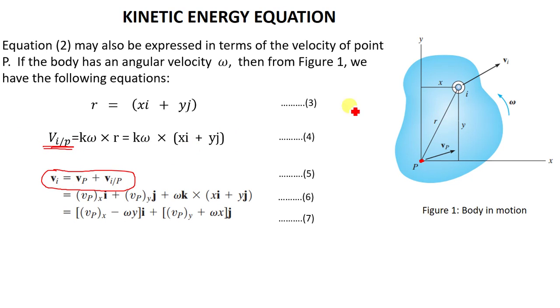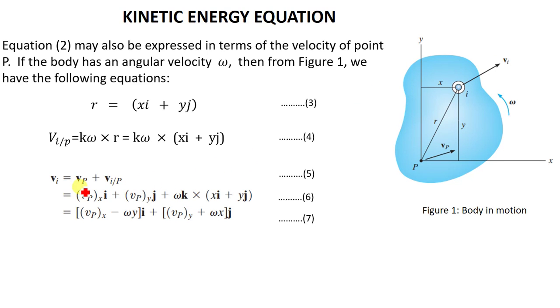Then when you add the two, you are going to get the velocity vi. We know how you add and subtract vectors. When this vector is going this side and that vector is going that side, you simply add this plus that to find the magnitude, which is this vector. That is what is happening there.